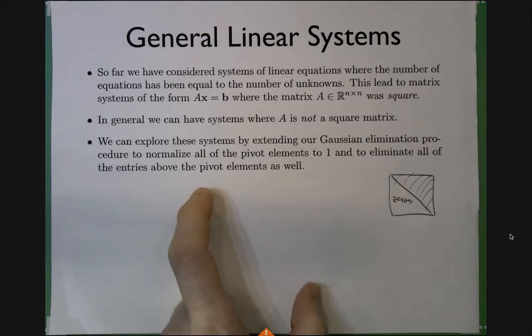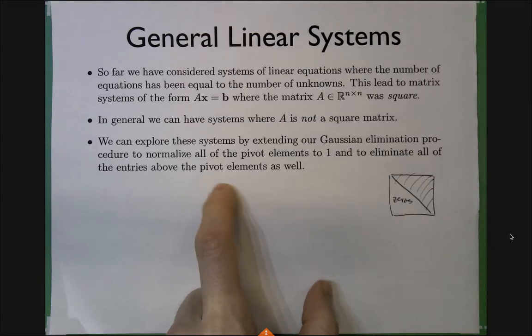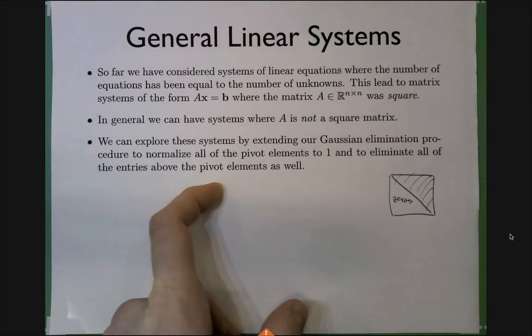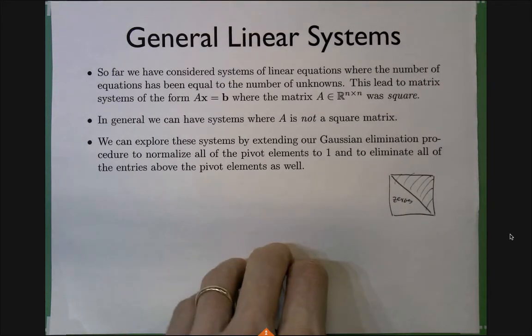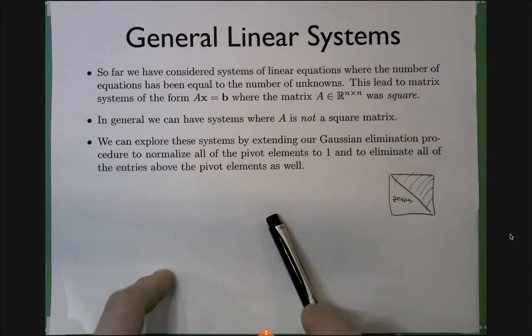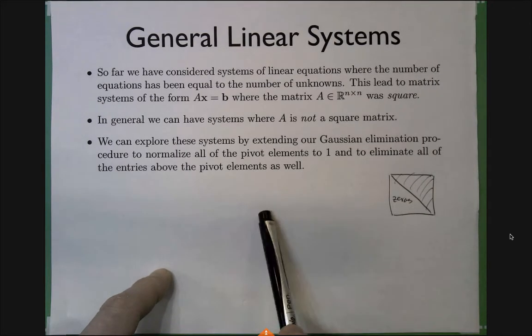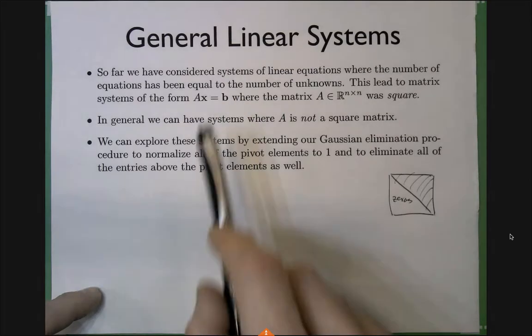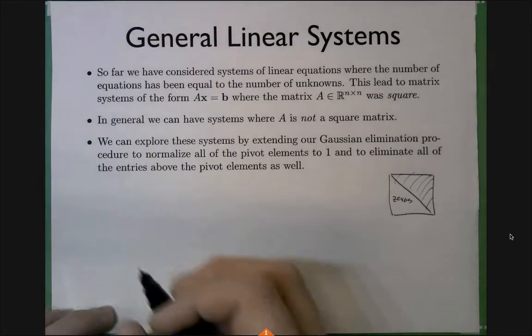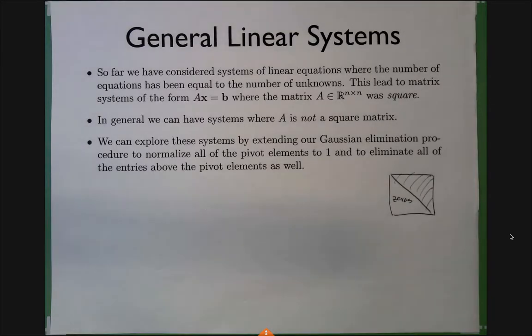So let's try an example. Let's first do the simple case where b equals 0. So we will start by considering a homogeneous system. This is called a homogeneous system, where the right-hand side is 0.